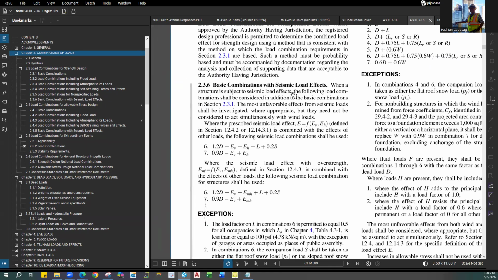So mainly for seismic loads, it's kind of the same as when you have a dead load that's reduced, because what happens with seismic load is you can go both ways, since it's an inertial type of load. It can have uplift, especially when you're doing a shear wall.